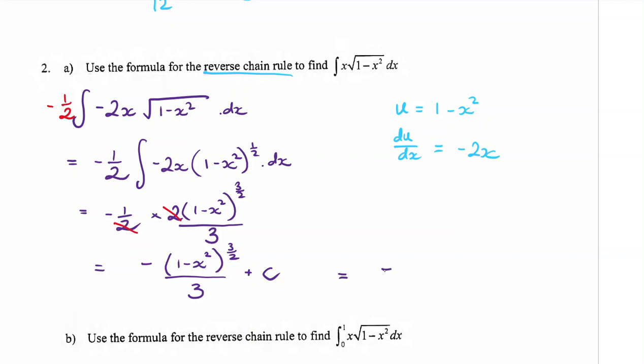It's minus the square root of, I don't need the 2 because it's a square root, 1 minus x squared to the power of 3, all over 3. Okay, that's just a little bit yuckier to sub stuff into, so that's why I'm going to use this version for my next part.